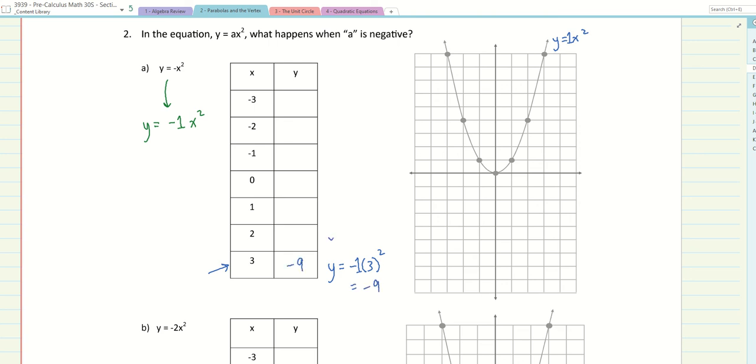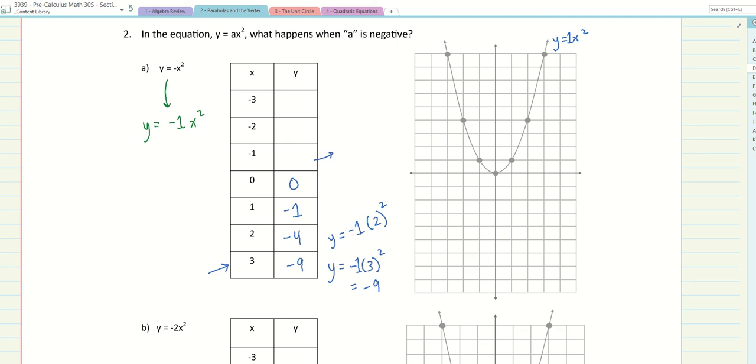Plugging in 2, it's negative 1 times 4, so that's negative 4. Plugging in 1, squared is 1, times the negative is negative 1. It's basically making all of our numbers negative. Plugging in 0, squared is 0, times negative doesn't do anything.